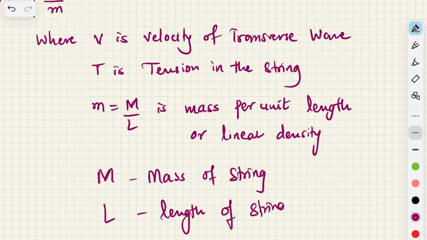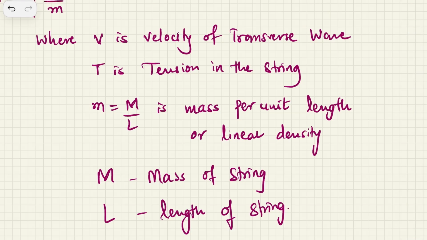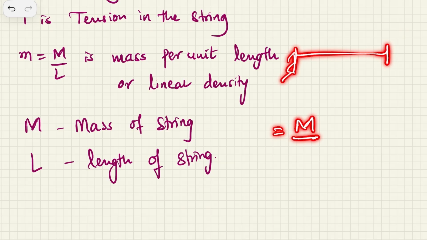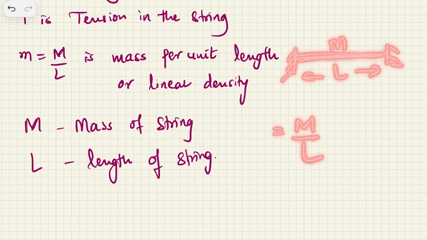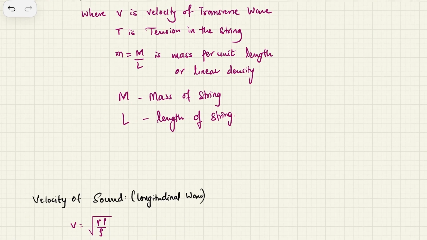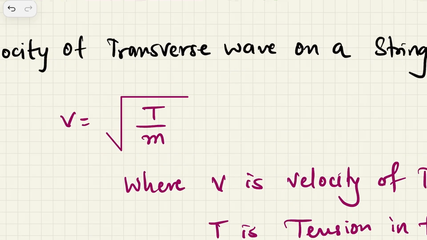So when a transverse wave travels from one point to another, the mass of the string is capital M, and the total length is L. If you divide the total mass, which might be in grams or in kg depending upon how long your string is, by the total length of the string, it will give you the mass per unit length. So it is sometimes written as lambda, sometimes as capital M, sometimes as small m. This is what the velocity of a transverse wave is.